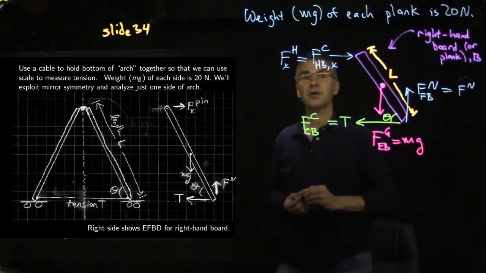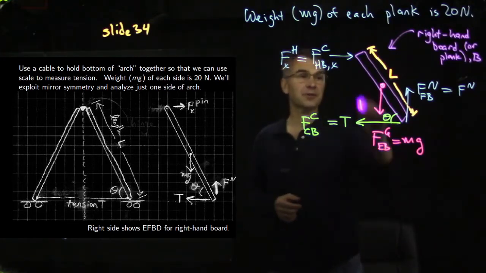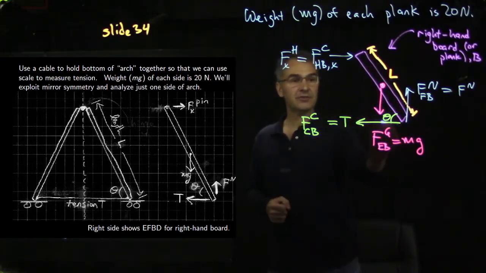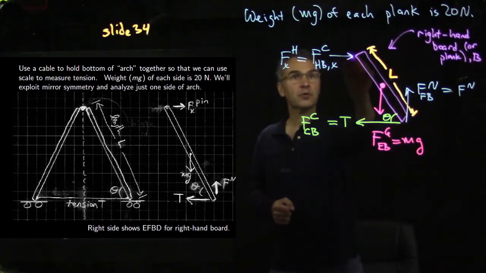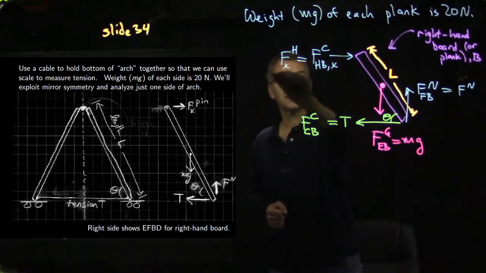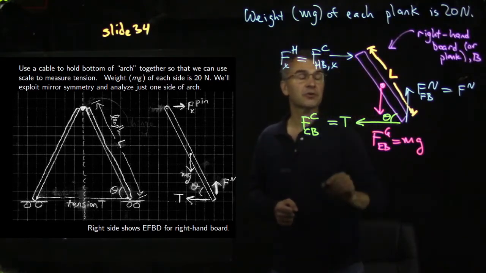We can compare with the extended free body diagram I already drew on slide 34. I think it has the same features. Tension acting to the left at the bottom corner of the board. Normal force acting upward at that same bottom corner of the board. The horizontal force exerted by the hinge, also known as the pin, at the upper corner of the board.